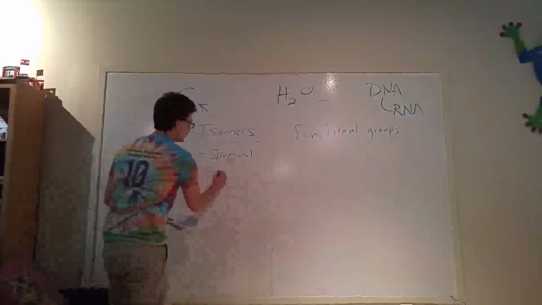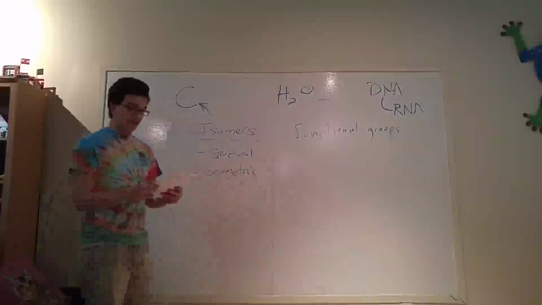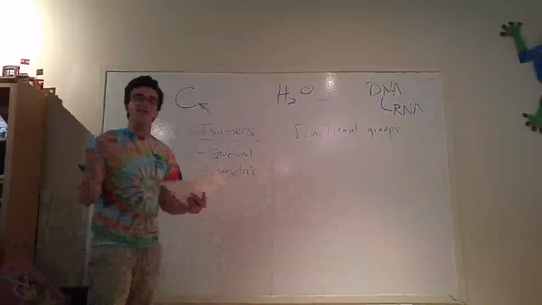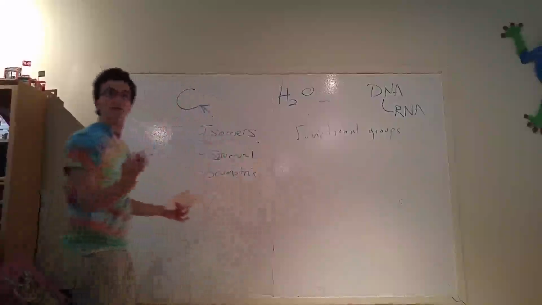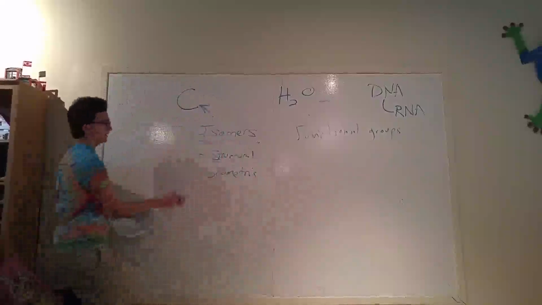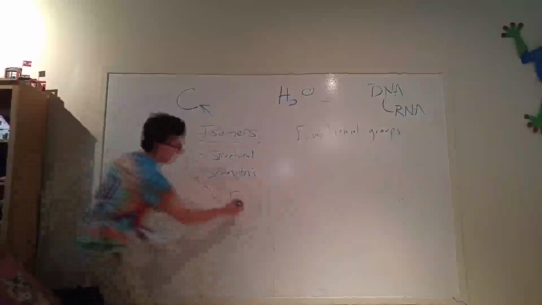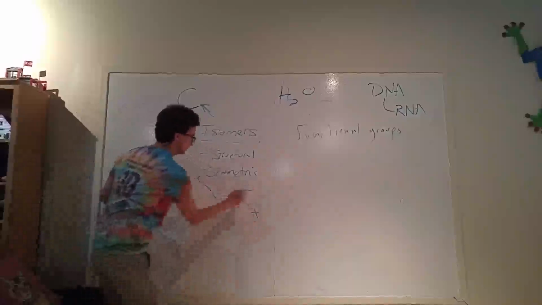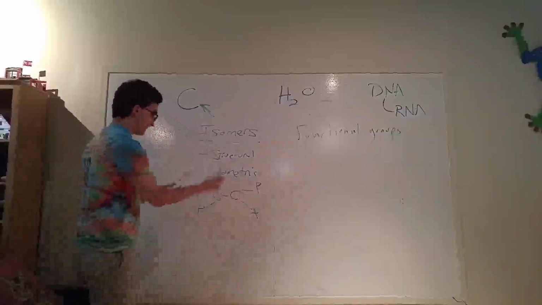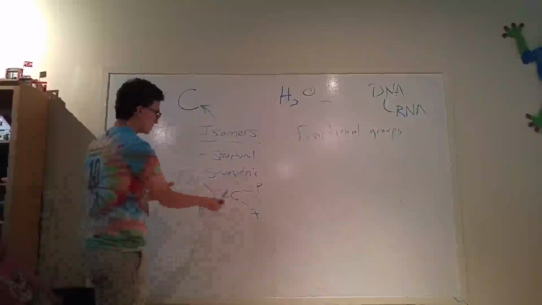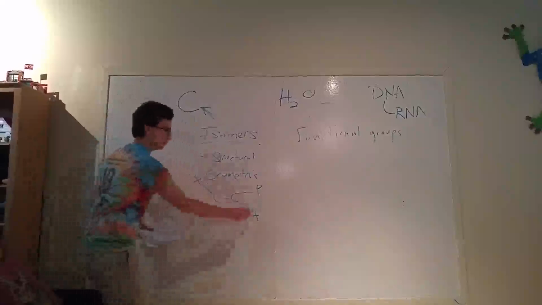Then you've got a geometric isomer. Geometric isomers have the same formula, but a slightly different orientation. The most common thing you'll see for a geometric isomer is a C bonded with a C, with element X over here and element P over here, let's say. Well, this we consider the trans isomer, because these are across from each other.